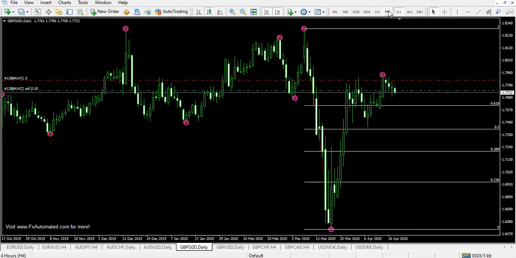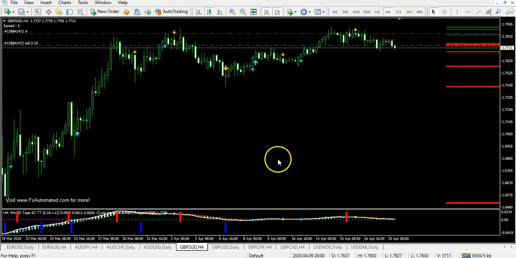So I placed this sell stop. You see it went above the 618 level even in the past. Went up, boom, boom, boom. Came down to that 50% level. Shot back up above that 618. And here we are.